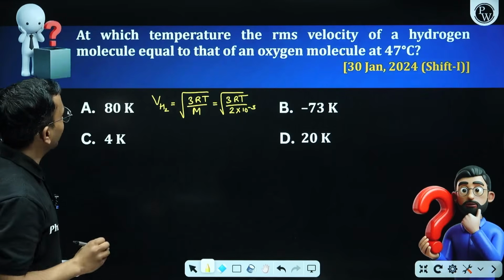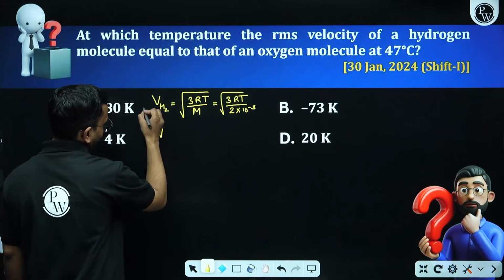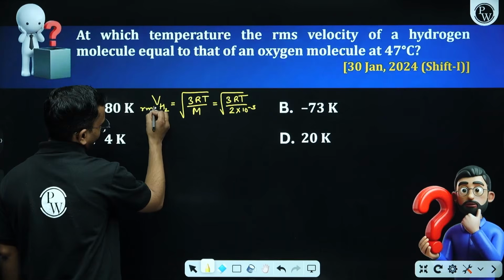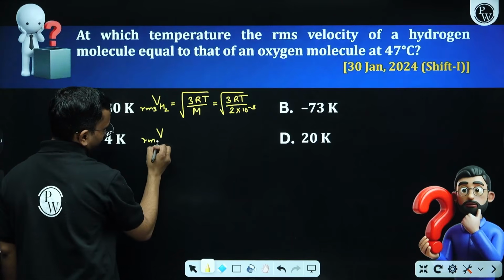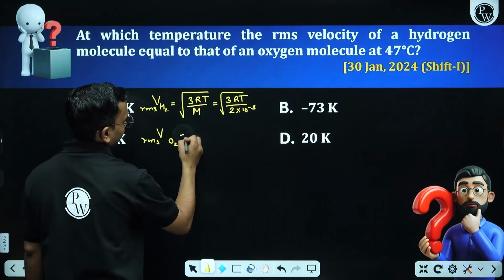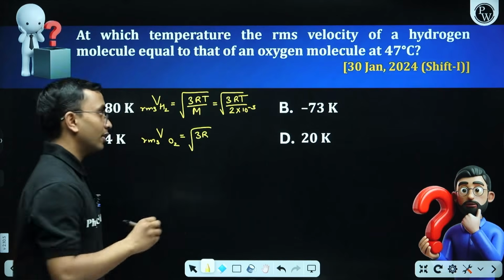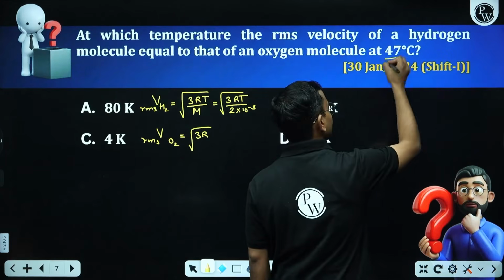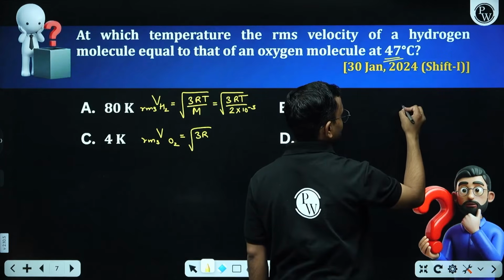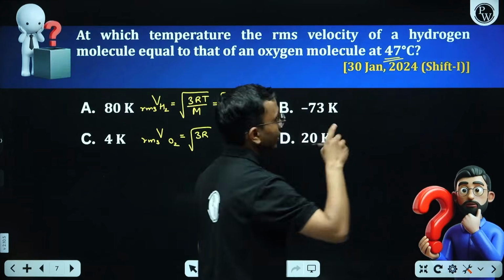Then we are having the oxygen molecule. So V RMS for O2, the oxygen molecule. What is that? Root of 3R into the temperature there, which is 47 degrees Celsius. How much is 47 degrees Celsius in Kelvin? Because SI is Kelvin, we will convert that to Kelvin.